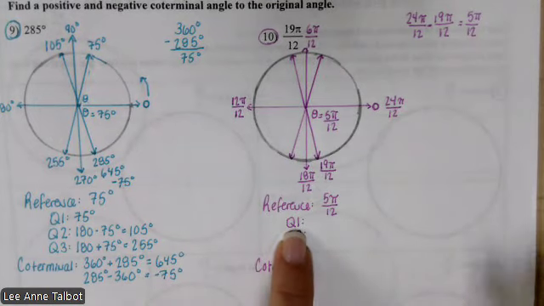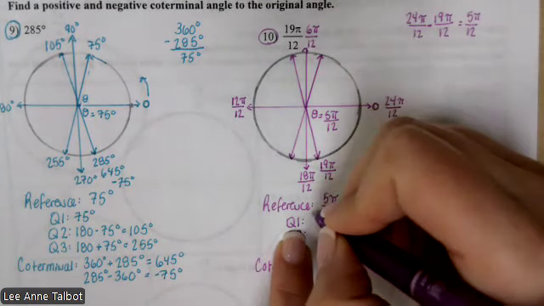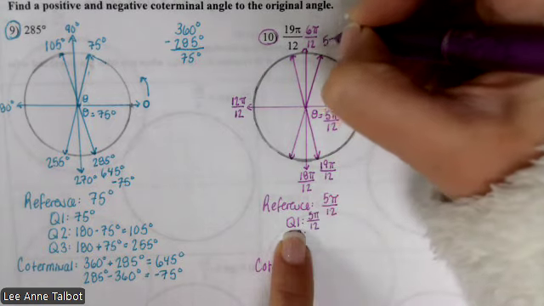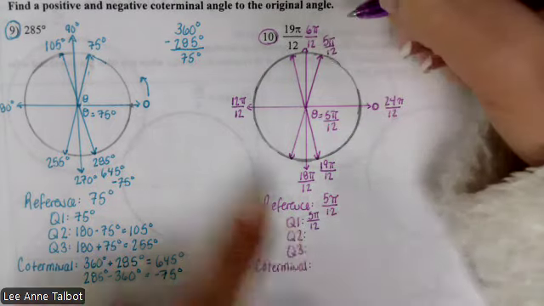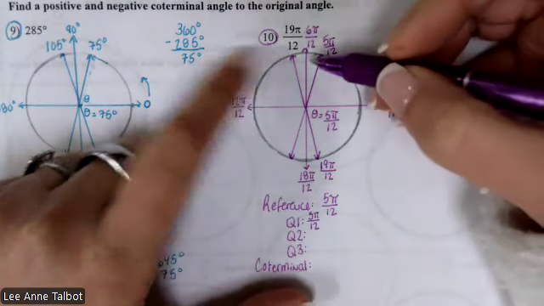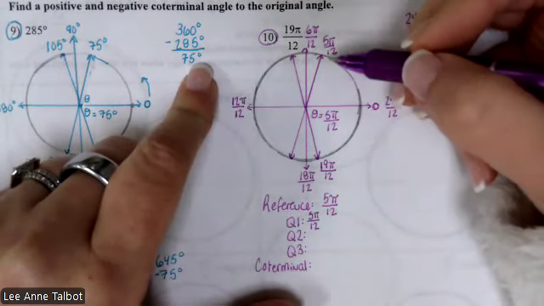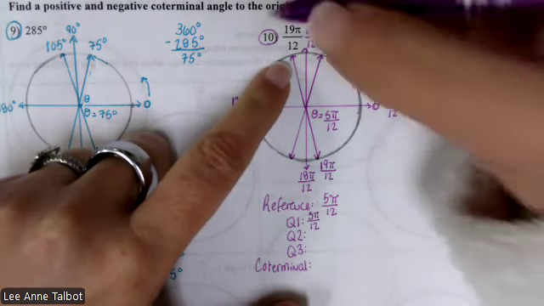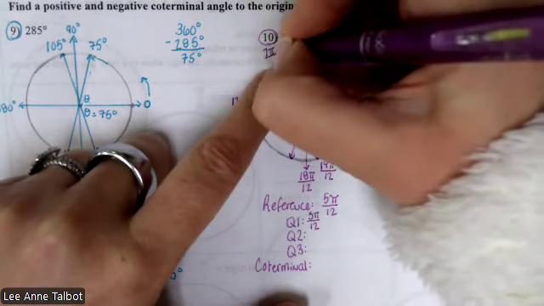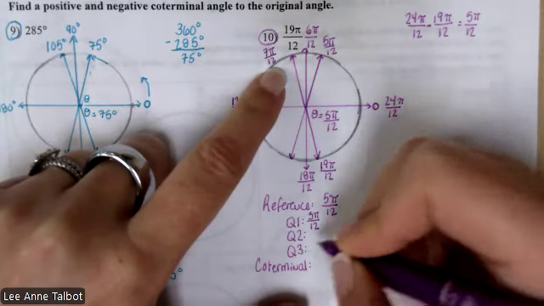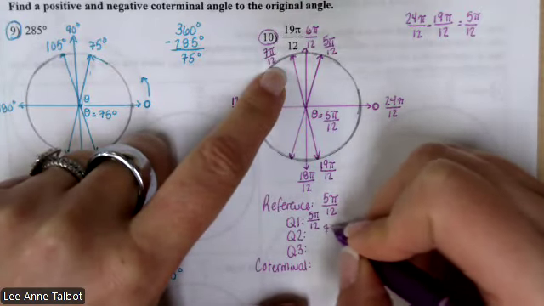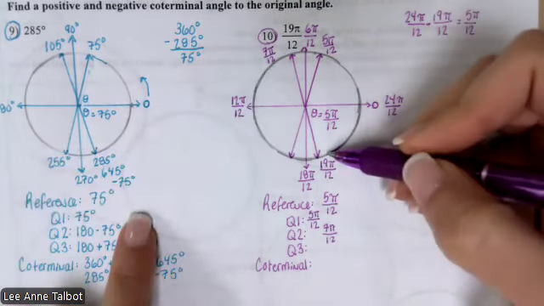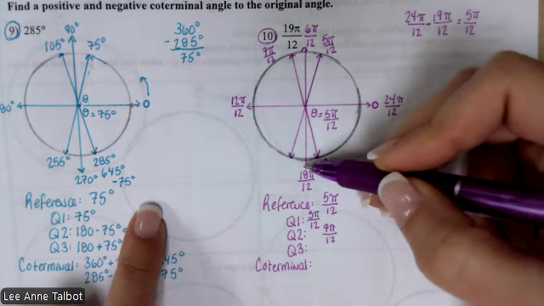Quadrant one is the reference angle, 5 pi over 12. Now use common sense. 5 pi over 12, 6 pi over 12. What's this one? 7 pi over 12. Now common sense. 19 pi over 12, 18 pi over 12.